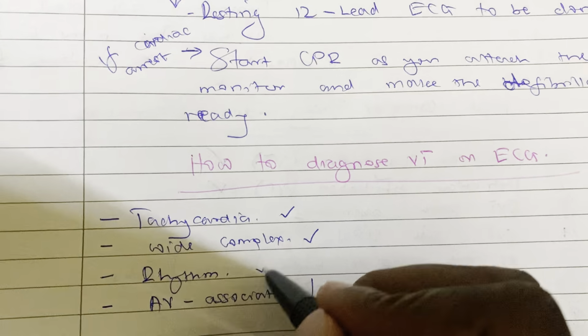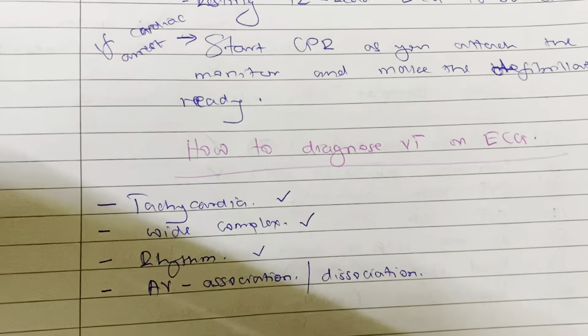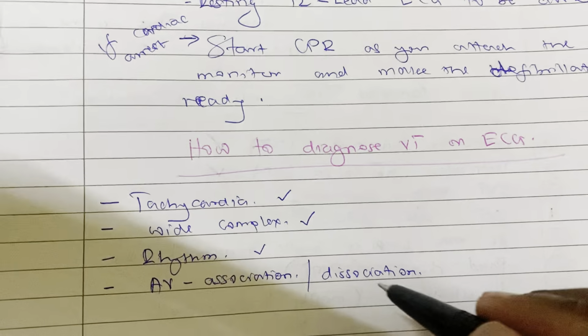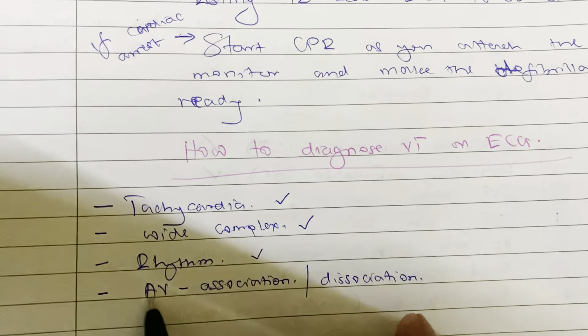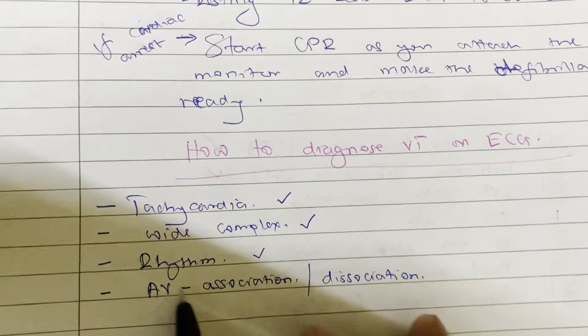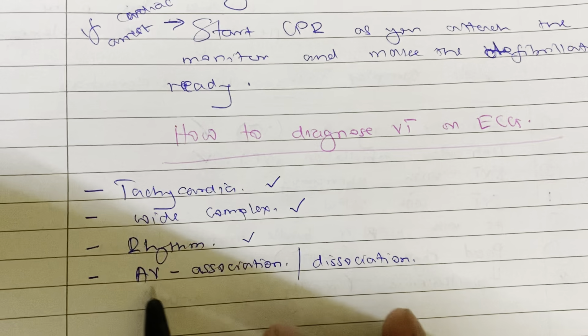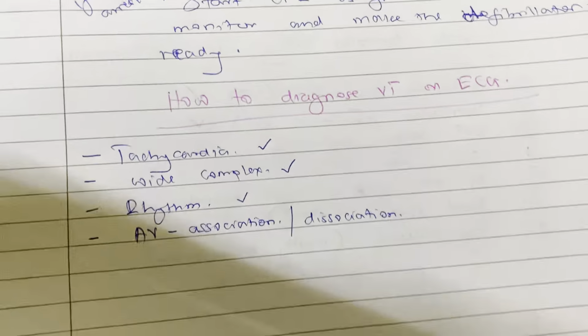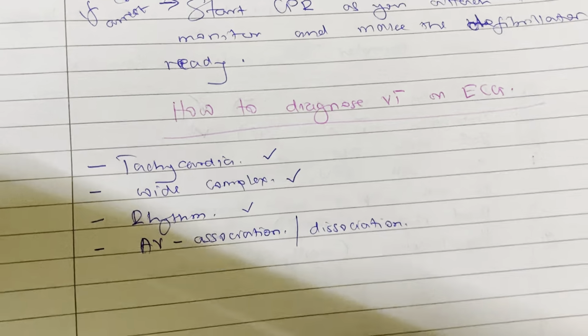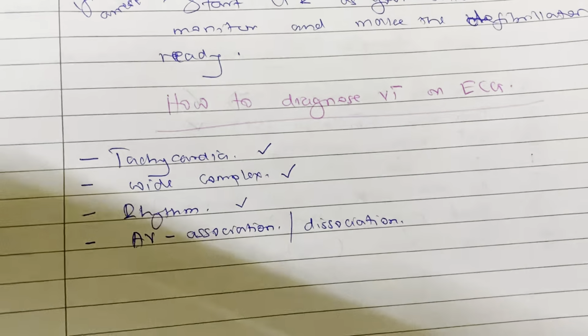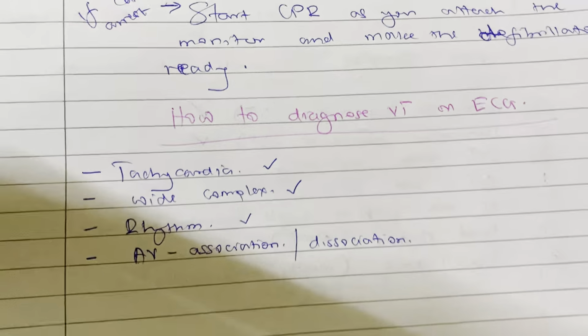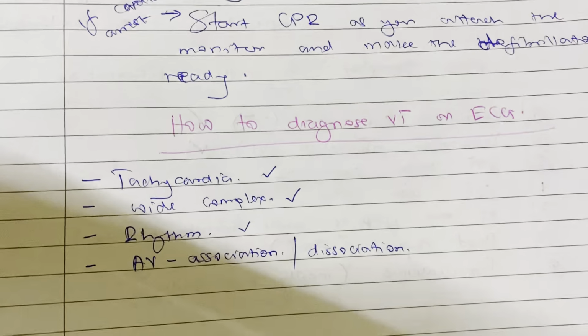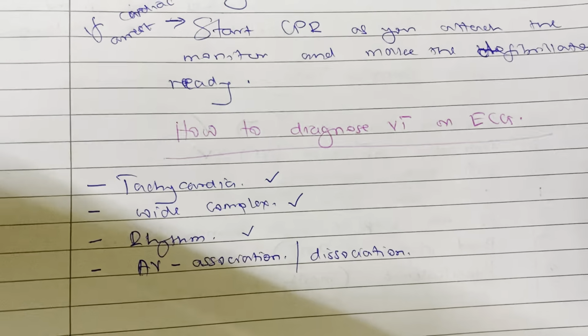We have to check the rhythm. Is this a regular rhythm or irregular rhythm? Second, we need to check for AV association or dissociation. What is AV association? Atrioventricular association. Is it true that each P wave is followed by a QRS complex? Is it true or not?